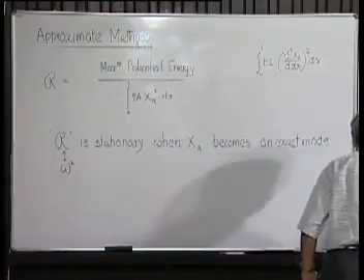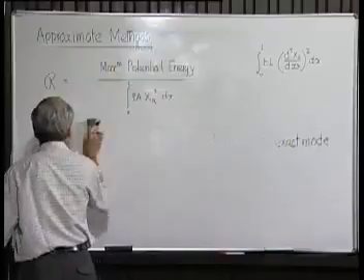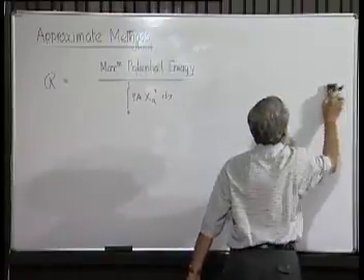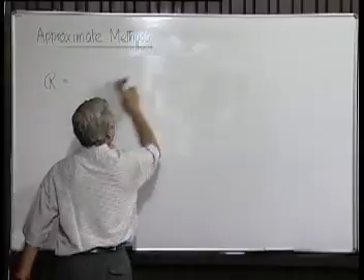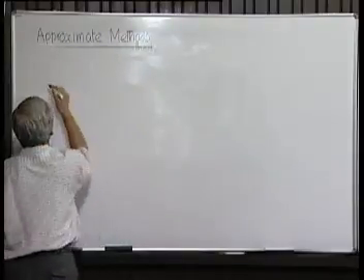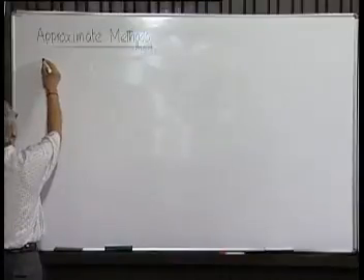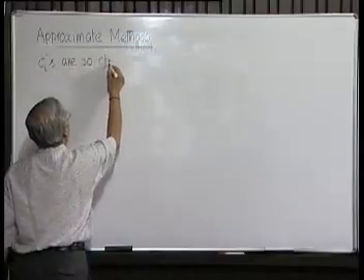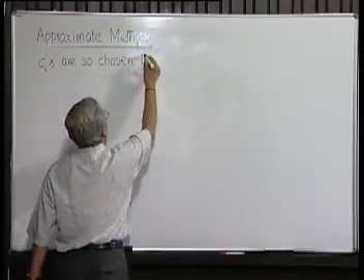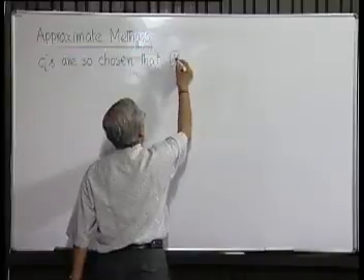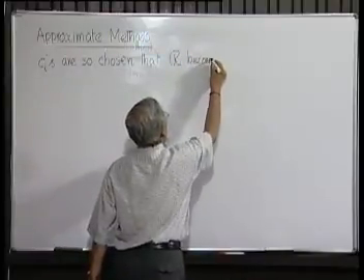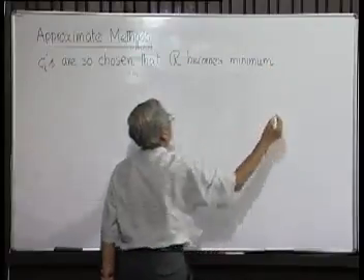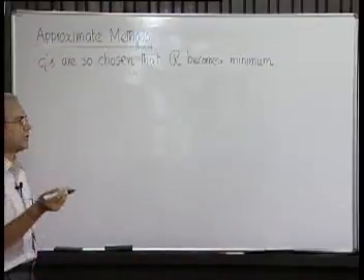Thus, the condition which satisfies that they are so chosen that, because R will always be higher than the natural frequency square you have seen.